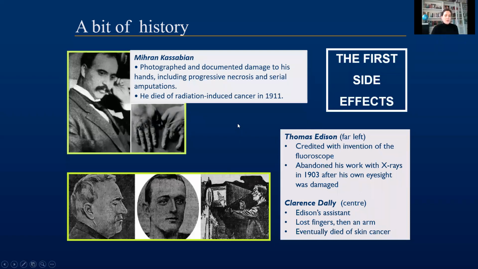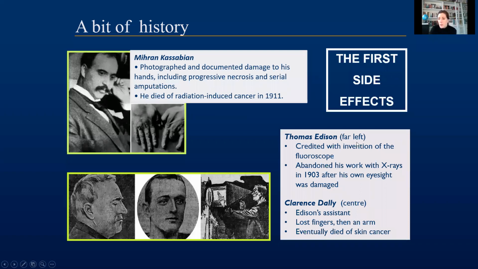It's been used for treatment since then, although in a very crude way initially, and people initially played around with it without having any idea about what was going to happen as a consequence. And here are some of the scientists that developed side effects way back in the late 1800s and early 1900s. This man documented the damage to his hands, and then he eventually died of radiation-induced cancer.